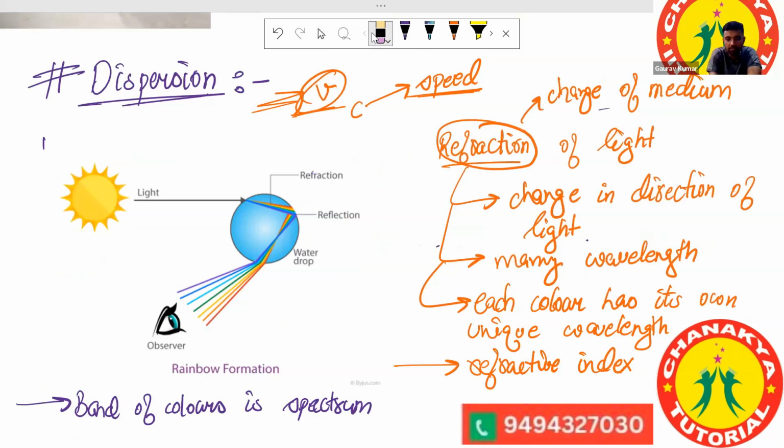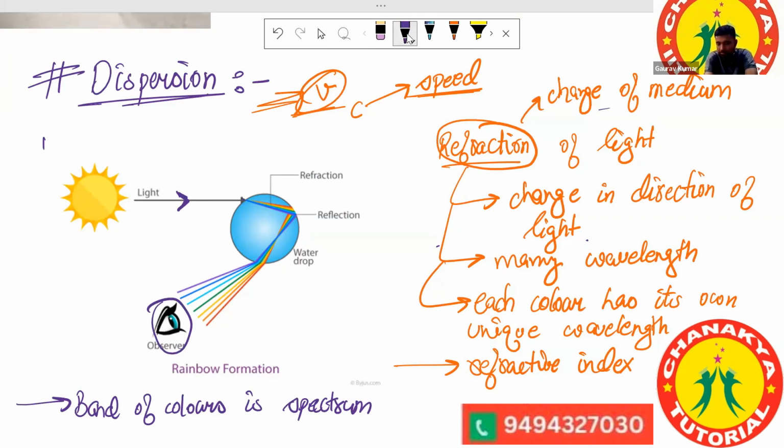Can you see that the white light, the light which is coming from the sun, has broken into many colors in this part? Okay, answer me. Can you see this? Yes, sir. This single light has broken into many colors, and these colors will then come to our eyes, and we can see it.